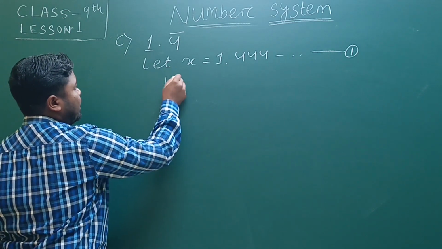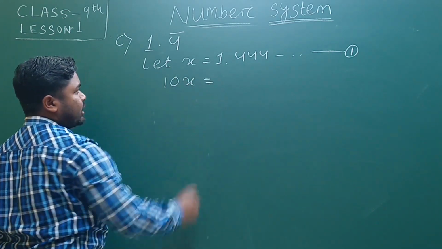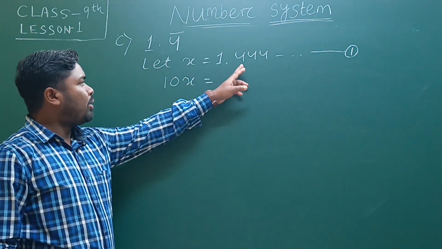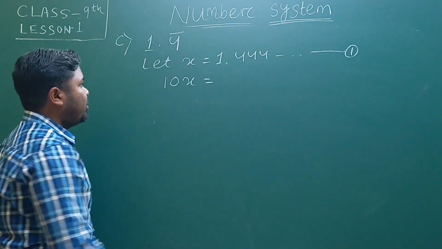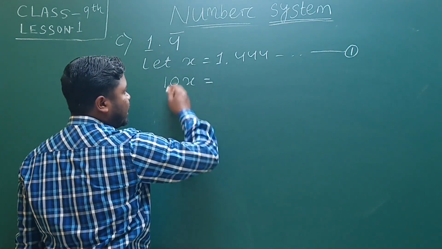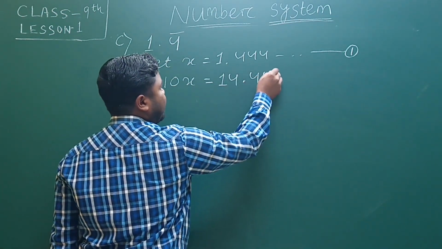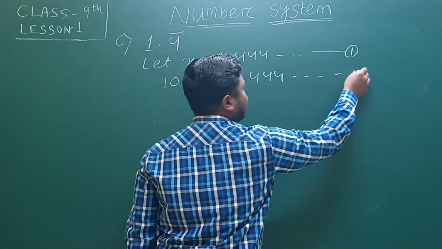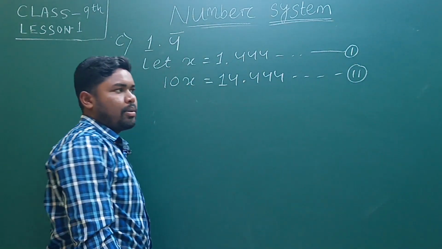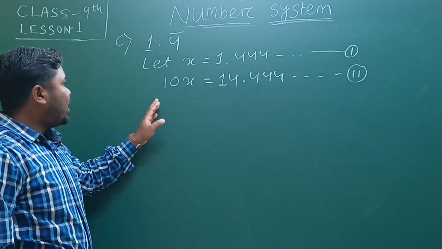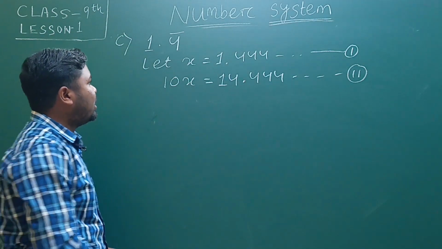Then again we write 10x. Now 4 comes from before the decimal, so here 14, then again 444. This is equation 2. Here after the decimal points the numbers are the same.